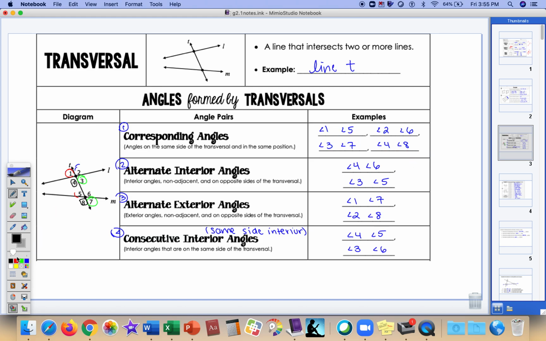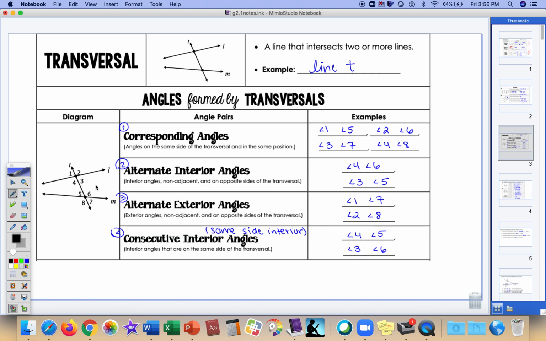All right, let's look at alternate interior angles. Alternate interior angles are interior angles, so they're on the inside here. They're non-adjacent, they're not right next to each other, and they're on opposite sides of the transversal.